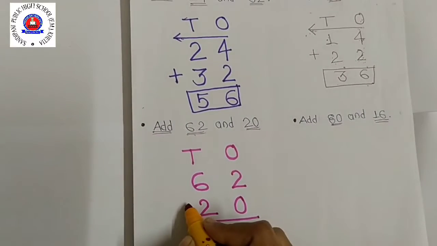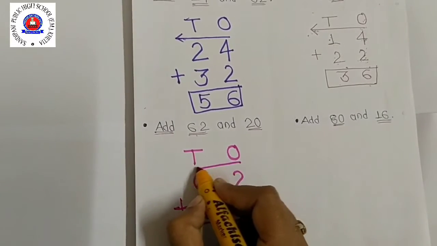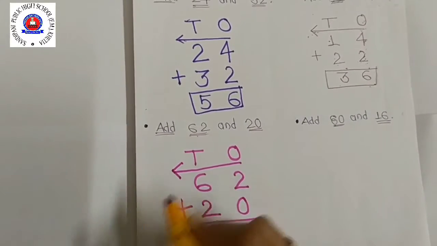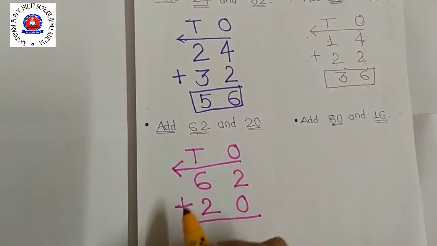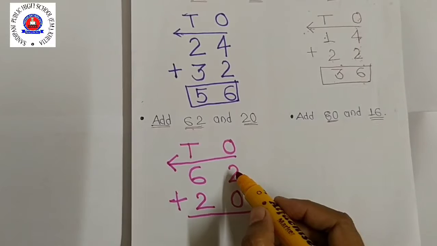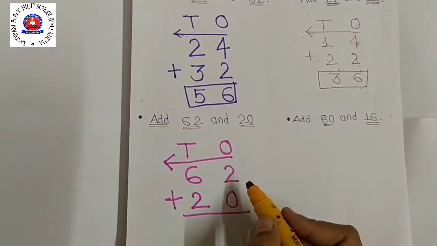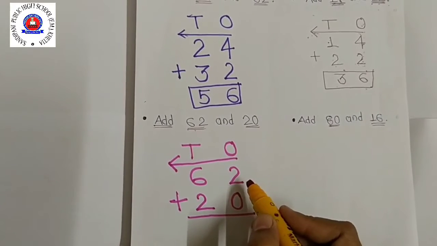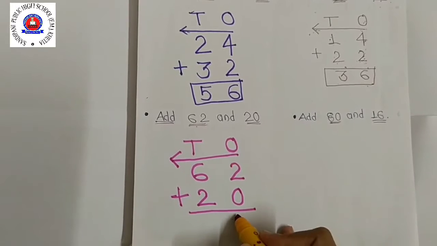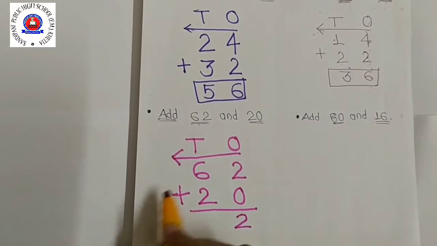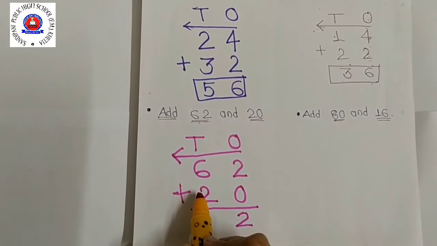Now draw the line and put the plus sign, and show the arrow here also, because we first add in the ones column, then in the tens column. So 2 plus 0. You know the rule that when we add 0 to any number, we get the number itself. So 2 plus 0 is 2. Now next in the tens column, 6 plus 2.